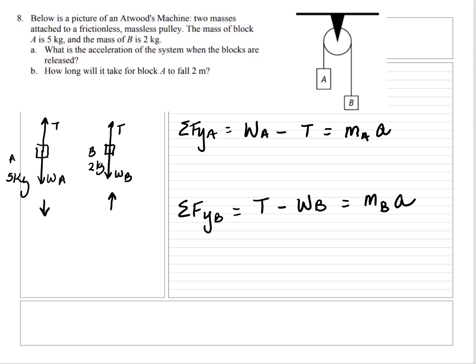So to solve for T on the top, we need to add a T to both sides and subtract a MAA on both sides. So if I do that, T becomes WA minus MAA.